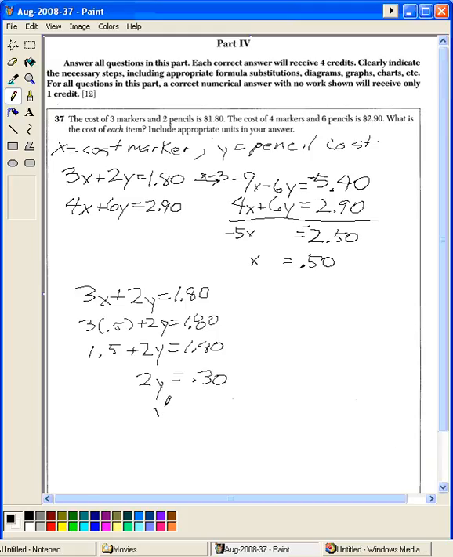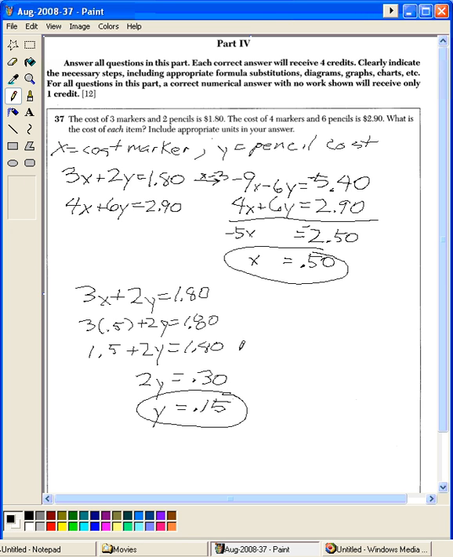And if I divide both sides by 2, I'm going to get an answer of 15. If they ask me a question in English, I have to write an English sentence as my answer. You could phrase it any way you want, but my answer might be, the cost of a marker is 50 cents, and the cost of a pencil is 15 cents.